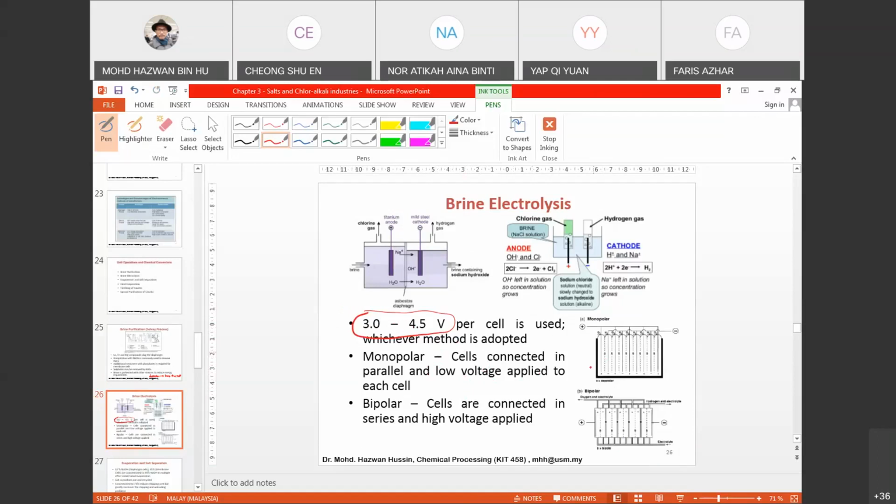These are examples of monopolar electrolysis cells, where the cells are connected in parallel. Then you can also have bipolar, where the cells are connected in series and high voltage is normally applied. So for monopolar, the cell connection is parallel with low voltage, and for bipolar, the connection is in series and high voltage will be applied.